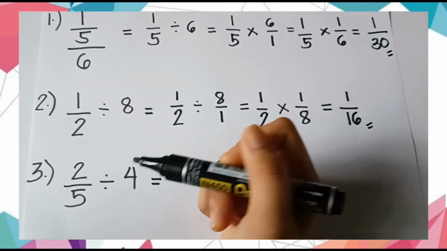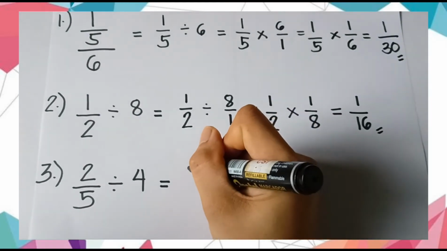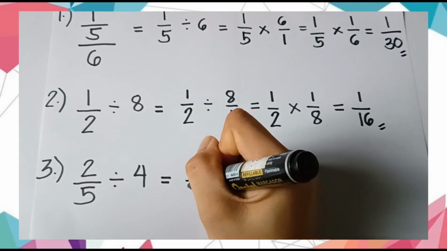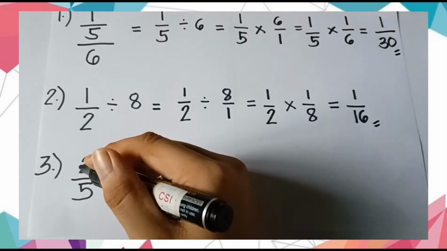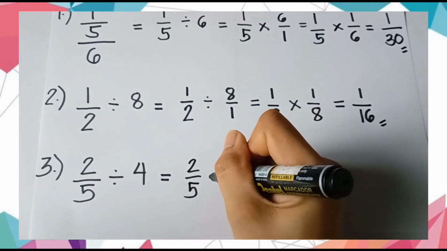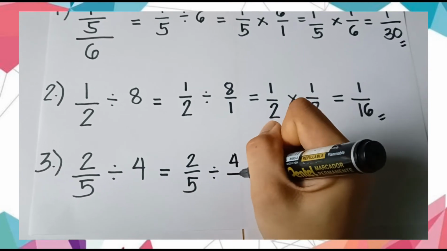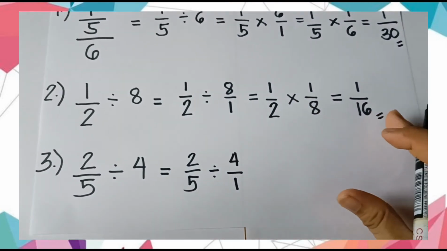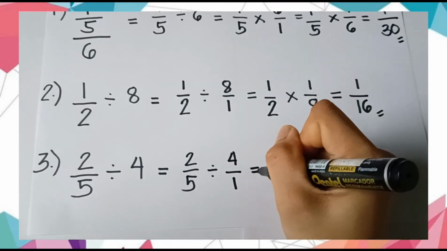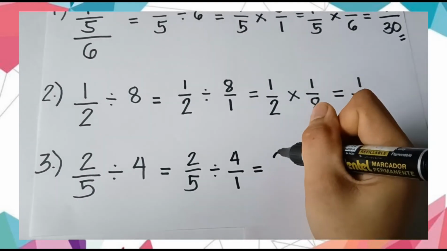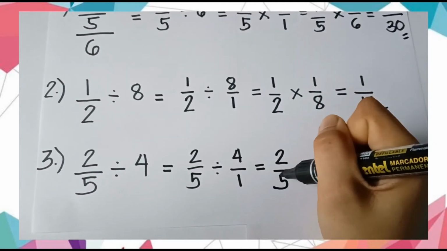Next, 2/5 divided by 4. So 2/5 is a fraction. You copy 2/5, and then you also copy the division operation, and then you copy 4, but you give it a denominator which is equal to 1. So you are now ready to use the KCF method.